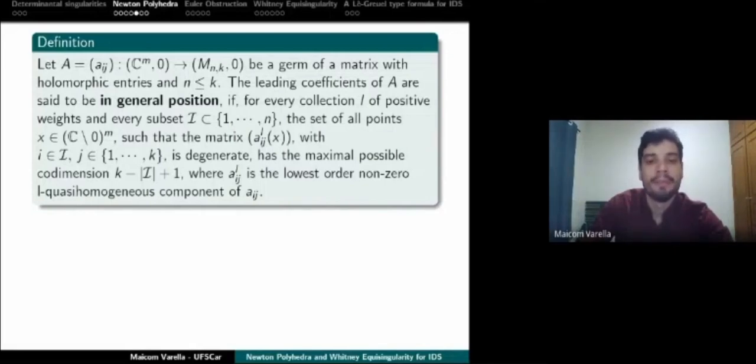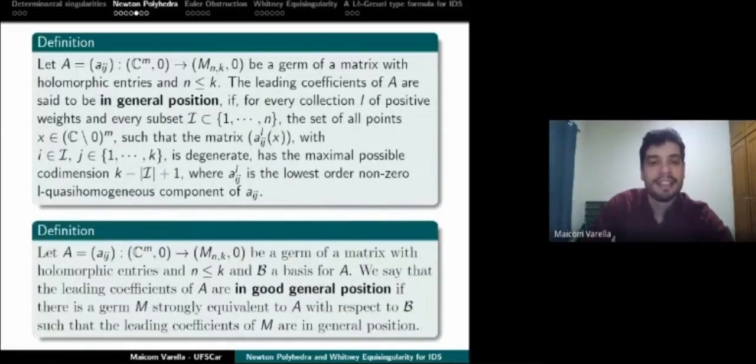So let A be a gem of a matrix with holomorphic entries and n less or equal k. The leading coefficients of A are said to be in general position if for every collection L of positive weights and every subset I, the set of all points x in C^m minus 0 such that this matrix is degenerate has the maximal possible codimension, k minus the length of I plus 1, where Aijl is the lowest order non-zero L quasi-homogeneous component of Aij.